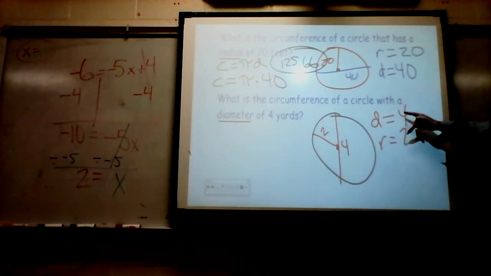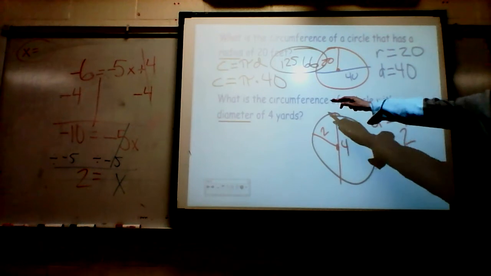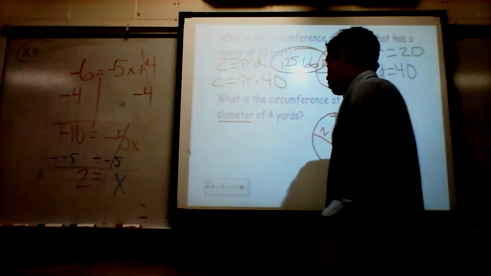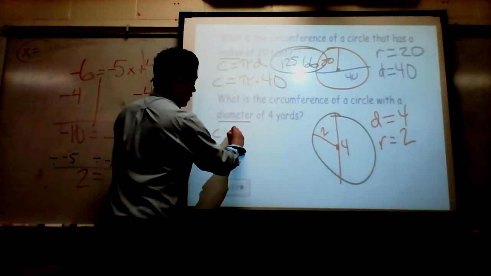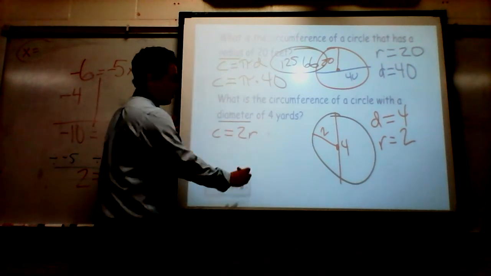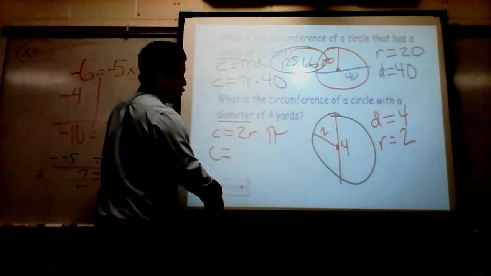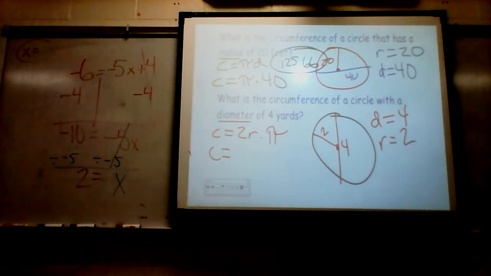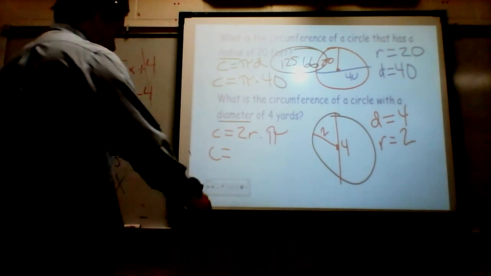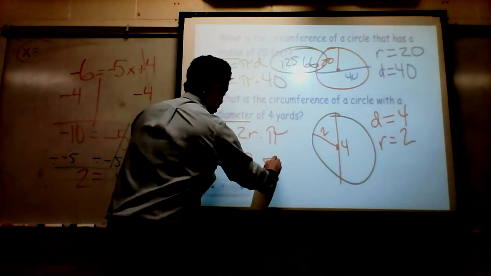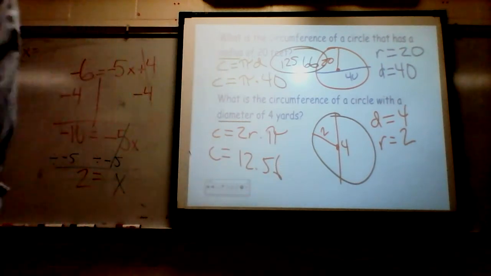Now that I have my information recorded, I can easily find the circumference. I'll use the other formula here. Circumference equals 2 times the radius times pi. So the circumference is 4 times pi, because 2 times 2 is 4. Off to the side, 4 times pi gives me a circumference of 12.56. Pretty simple.